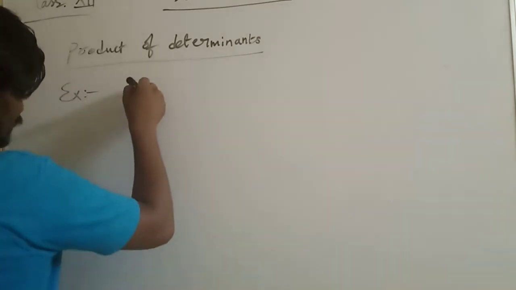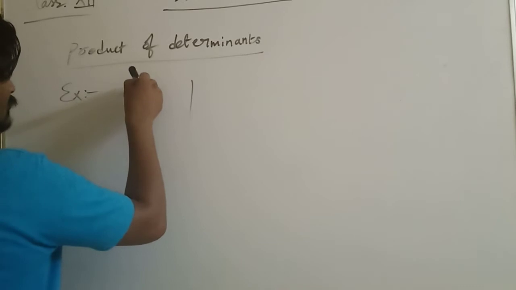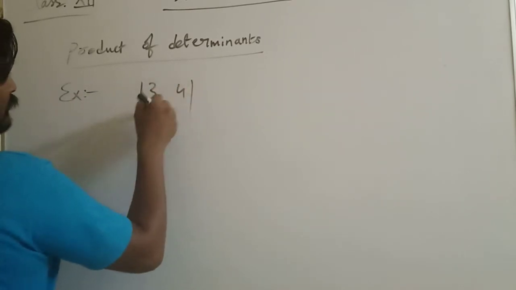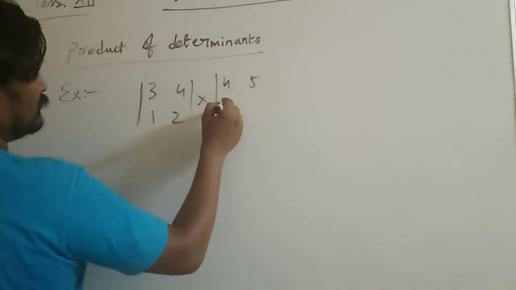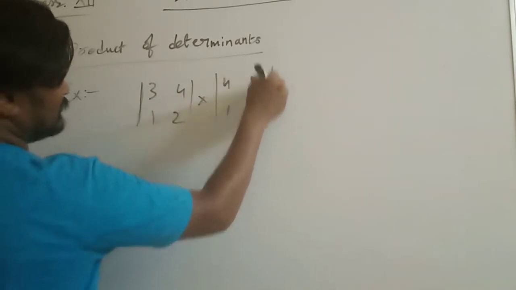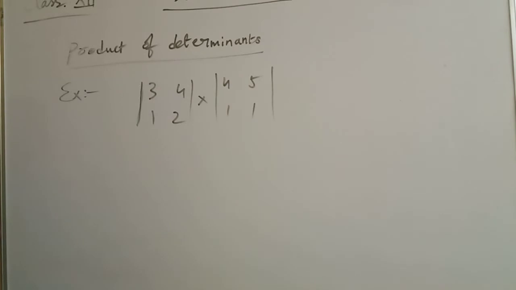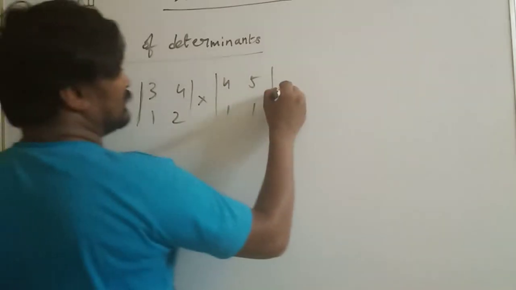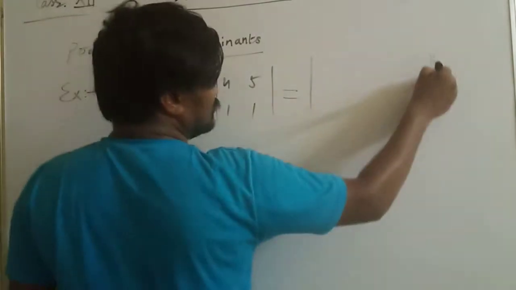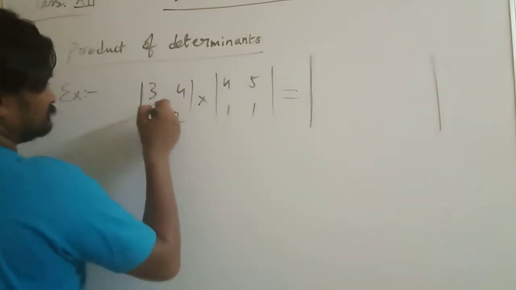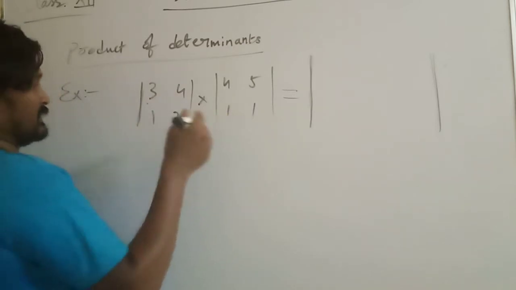Okay, first we'll take 2 by 2 order: 3 4, 1 2 into 4 5, 1 1. You already know normal matrix multiplication, you have to do the same like that. I'll tell what the difference is later.